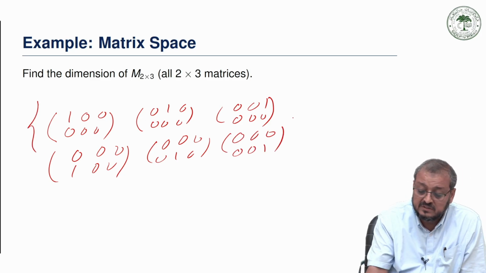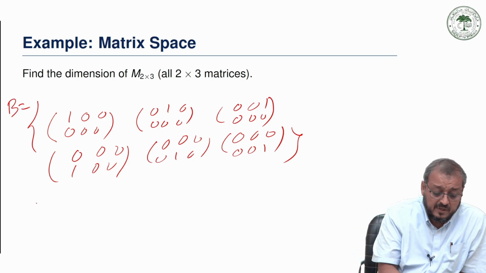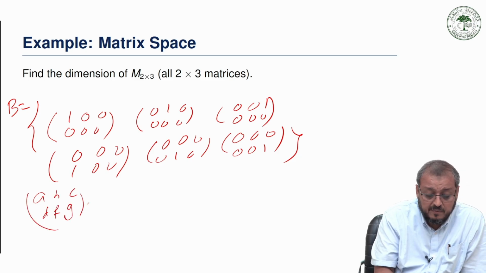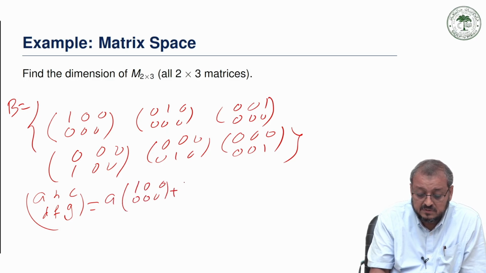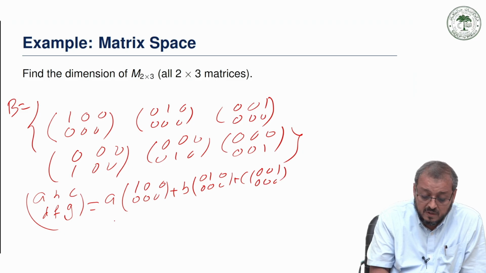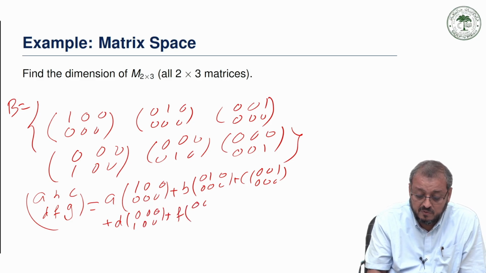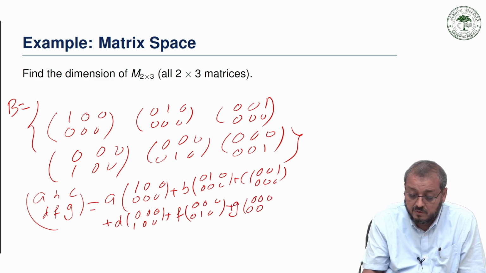Now clearly we assume this set is equal to B, and any matrix with entries A, B, C, D, F and G can be written as A times 1 0 0 0 0 0, plus B times 0 1 0 0 0 0, plus C times 0 0 1 0 0 0, plus D times 0 0 0 1 0 0, plus F times 0 0 0 0 1 0, plus G times 0 0 0 0 0 1.